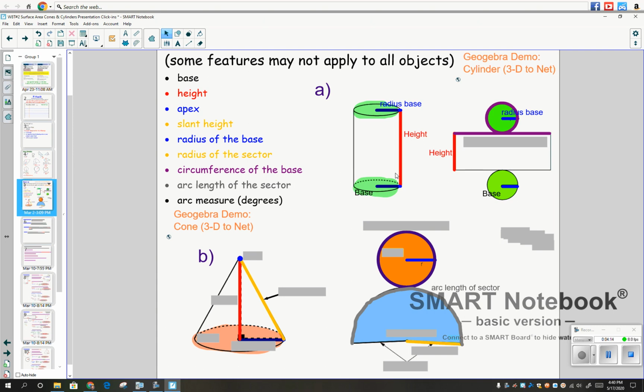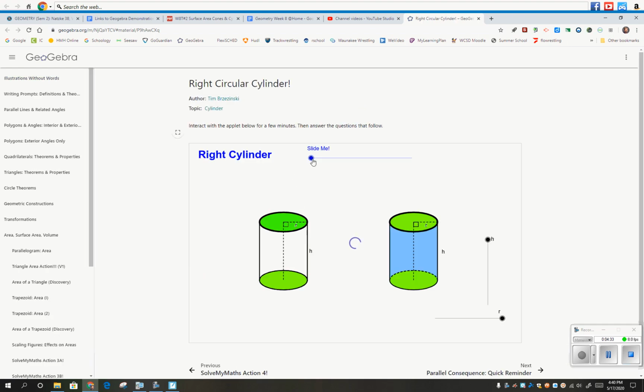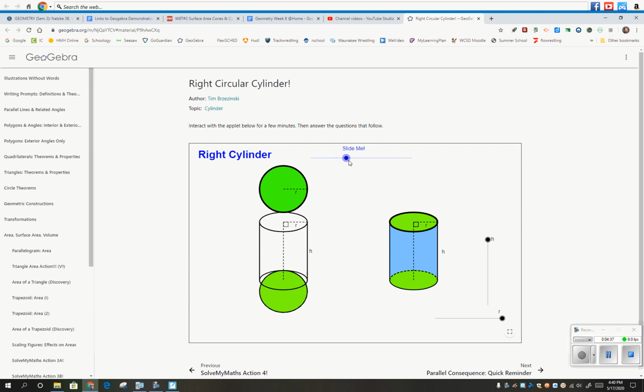One other important thing for a cylinder is, in order to find the surface area, which is the area of all the shapes that make it up, I need to know the length of this purple segment. If I look at my 3D to net image, when I unfold my cylinder, take the circles off, cut it, and unwrap the sides, it's going to create a rectangle.